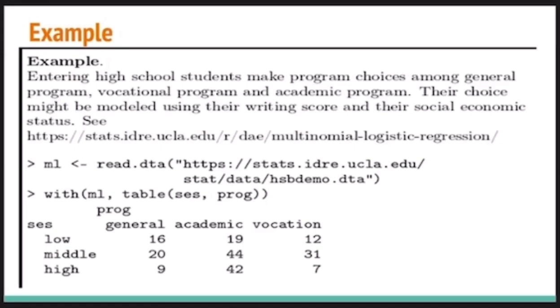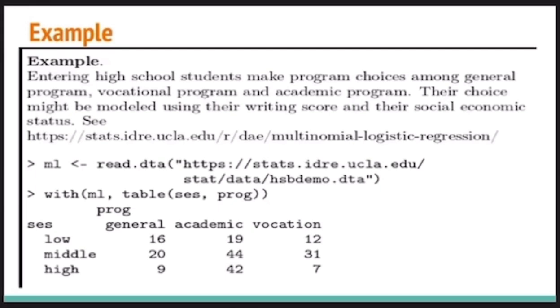Their choice might be modeled using their writing score. The writing score is the explanatory variable here, along with their socioeconomic status. Now you know what I'm trying to do. I want to look at the effect of writing score and socioeconomic status of high school students on the type of program they're going to choose.